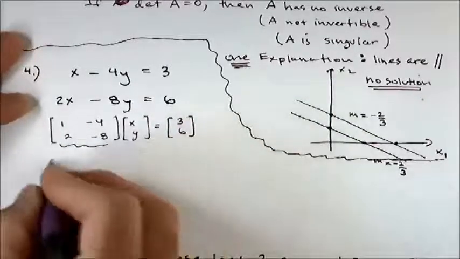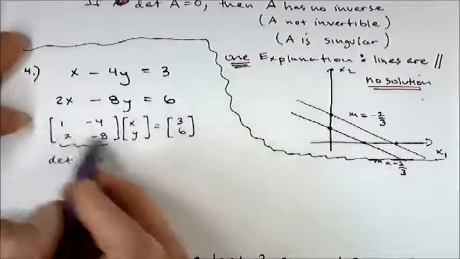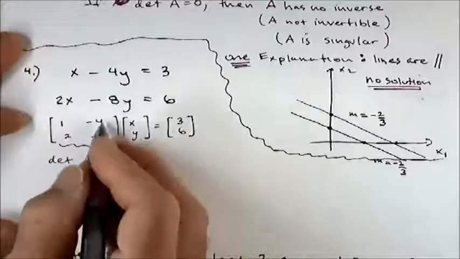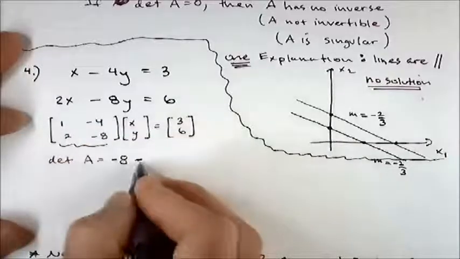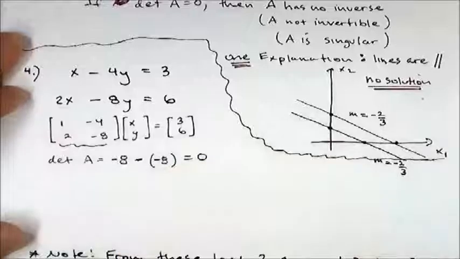Notice here, the determinant of my matrix is -8. All right, 1 times -8, be careful, minus, this is -8 as well, but there's already a minus, so minus -8 also gives me 0.